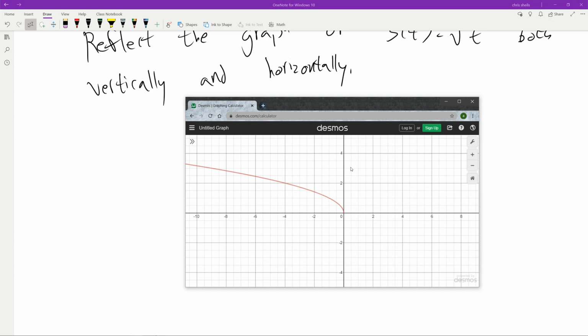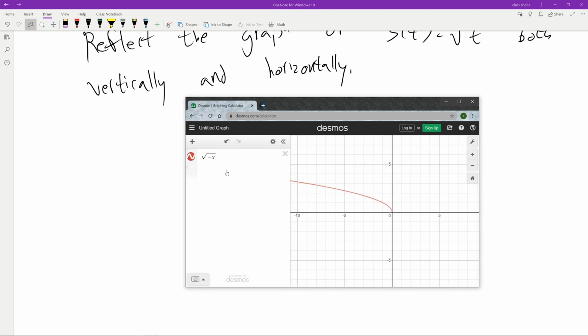Since each of my input values are the opposite of my original input values, because we can see here if I graph square root of x, each of my input values in this red graph are opposite the input values of my blue graph here. They're simply opposite in sign. That's why this is the square root of negative x. This is a change in my inputs, so the negative sign goes on the inside here.